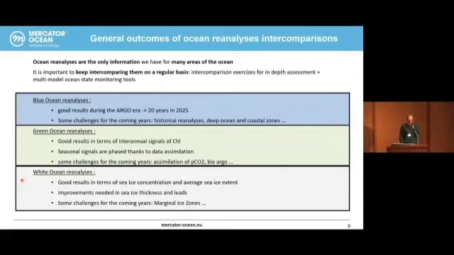And for the white ocean, analysis for sea ice, the sea ice extent is particularly well represented, but there are still some issues, and thickness should be taken carefully.